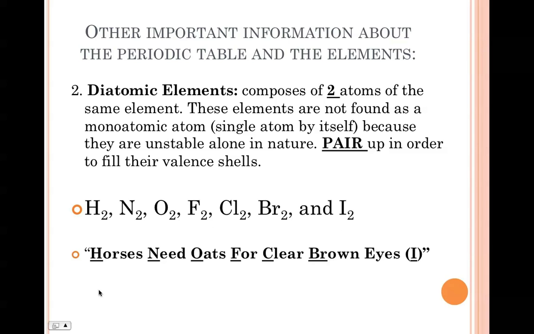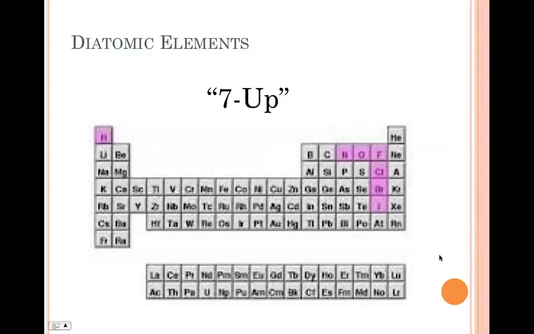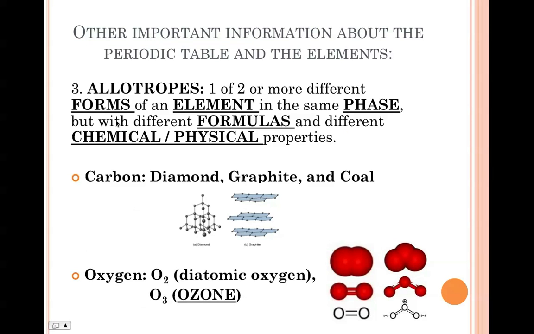There's two ways you can remember this: either the phrase "horses need oats for clear brown eyes," which is the way I tend to memorize it, but there's also another, helpful if you're more of a visual person, the 7-up method. Nitrogen is number 7 on the periodic table. You start there, you draw a 7 to fluorine, and then down to iodine, and then you go up to include hydrogen. So you can think of the 7-up method.